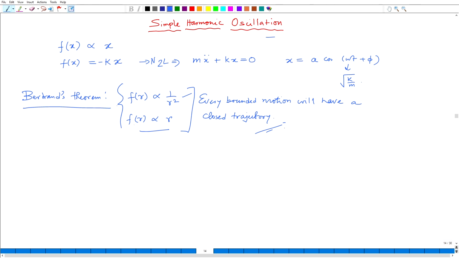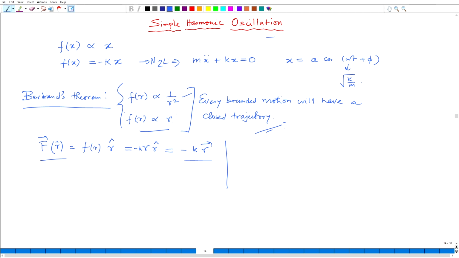Now, although we know that this is a case where you can write this force law to be proportional to r, actually you can write the whole force to be f of r cap, and that will be some minus k r cap. Finally, that gives me minus k times r vector, and although this is a central force, for this specific structure I have something very interesting.